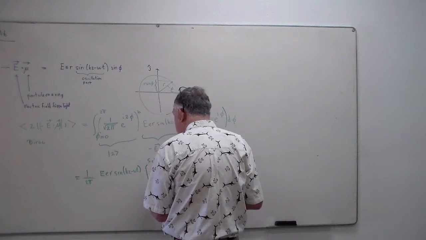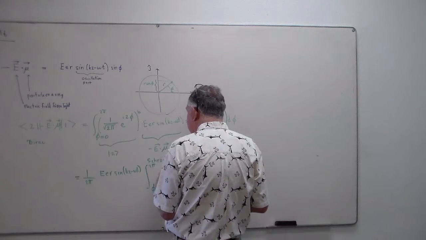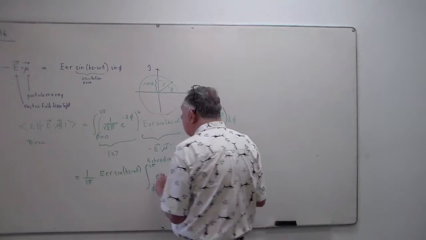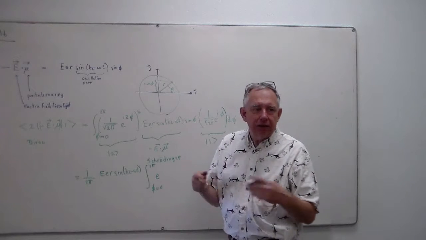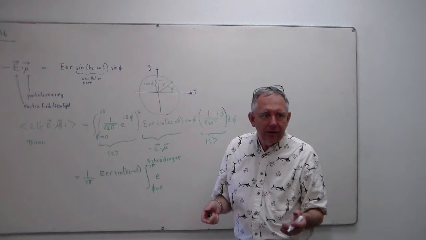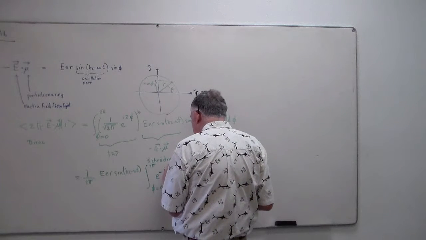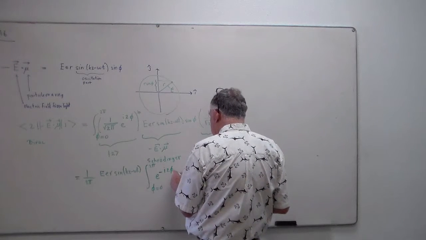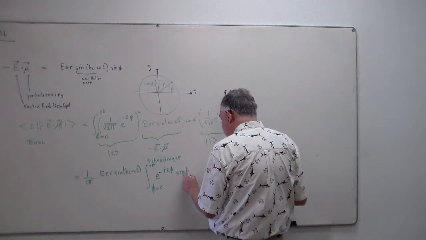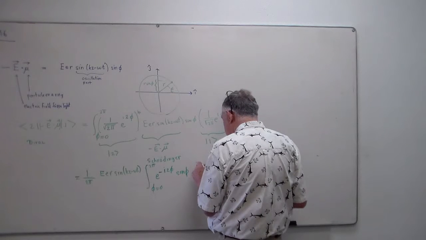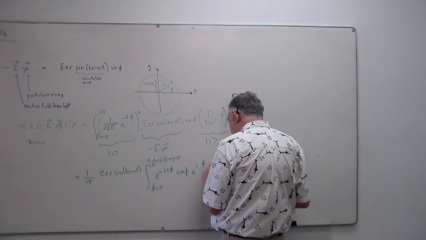And now we have the integral from phi equals 0 to 2 pi. E, and what's the complex conjugate? If it's e to the I2 phi starred, what does that mean? Turn into e to the negative I. Right, so this is e to the minus I2 phi. And then there's a sine phi, e to the I2 phi, or I1 phi, d phi.